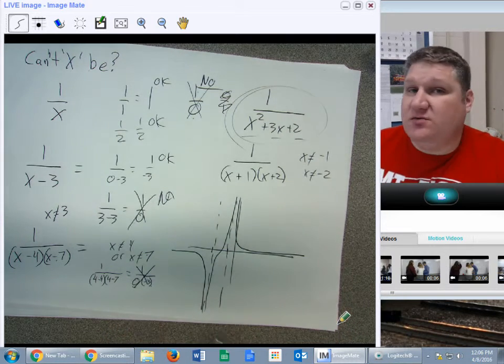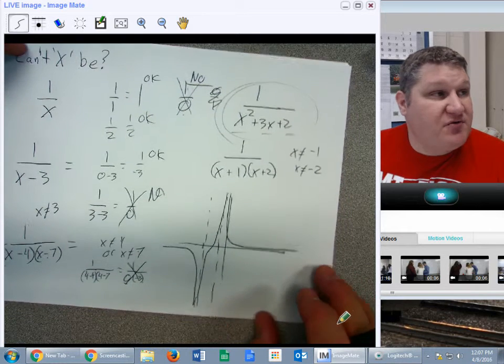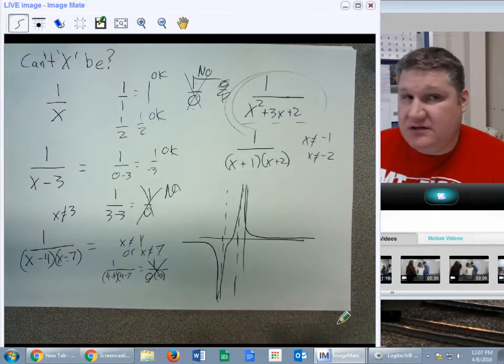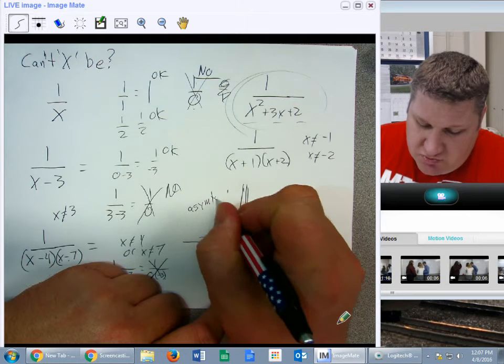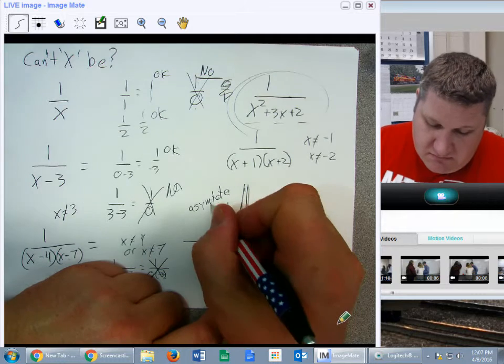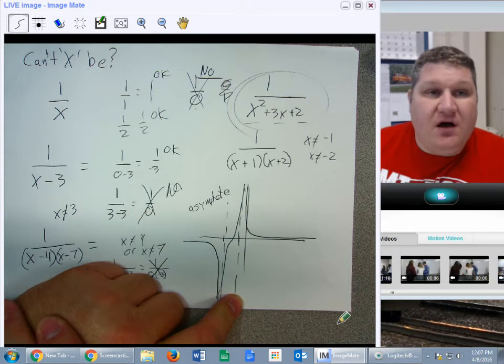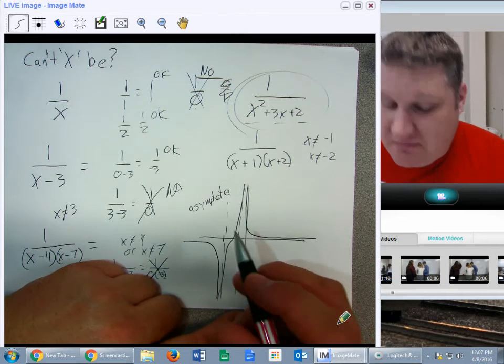These dotted lines are called what? Does anybody know? A line that the graph approaches but never touches. Asymptote. An asymptote is a line that the graph will approach but never ever touch.